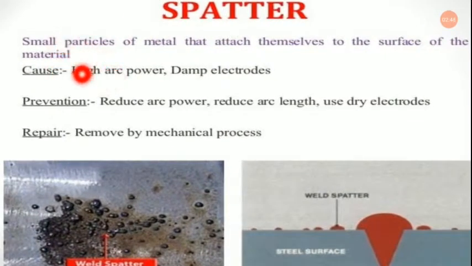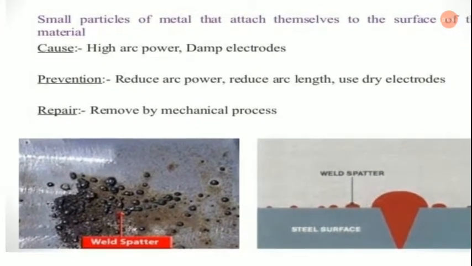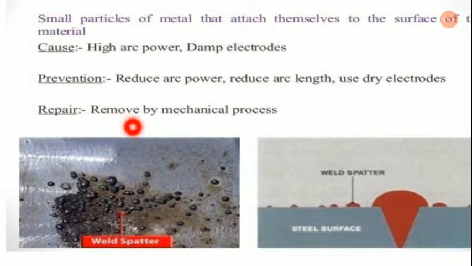Now what are the causes? Causes are high arc power and damp electrodes. Now prevention is to reduce arc power, reduce arc length and use dry electrodes. Now repair is done by removing it with a mechanical process.